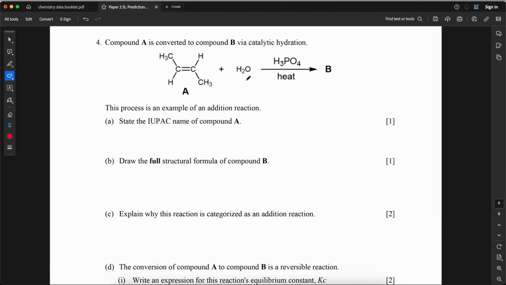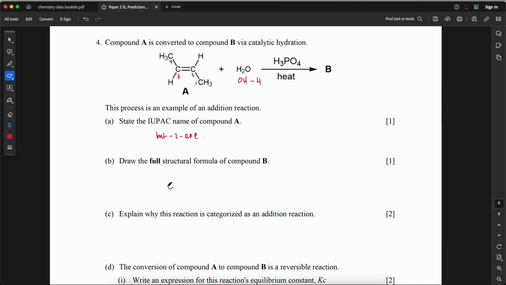Compound A is converted to compound B via catalytic hydration. This process is an example of an addition reaction. So we can start numbering 1, 2, 3, 4. Therefore, the name is but-2-yne. Draw the full structural formula of compound B. So when but-2-yne is added with water, which is OH and H, it will produce alcohol, which is butan-2-ol.